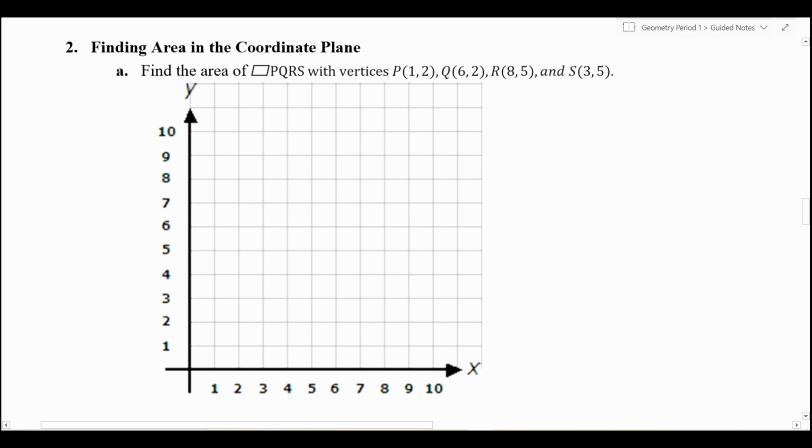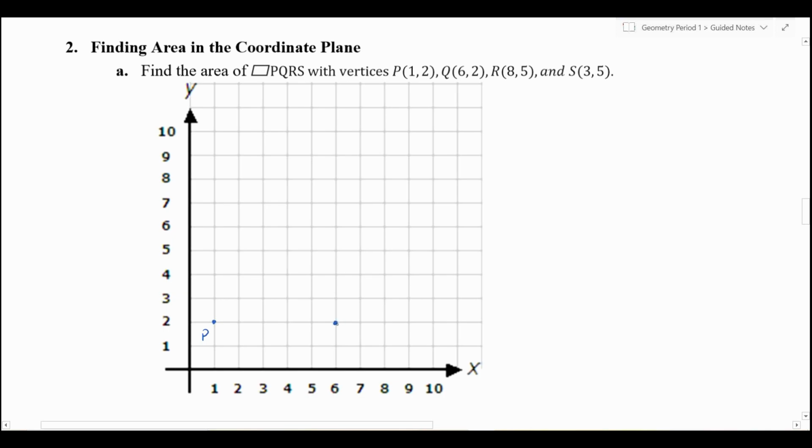Well, the first thing is we need to plot those numbers in. So we go to, in this case, 1, 2. So we have it here, and that is going to be point P. Then we go to Q, which is 6, 2. 6 right here, 2 is right over here.